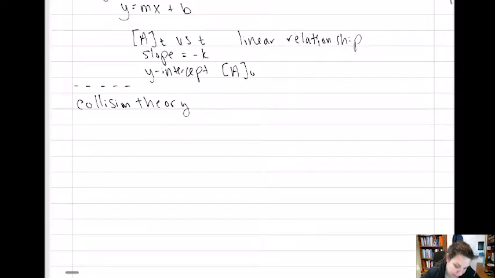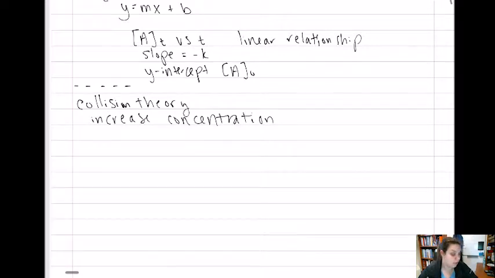So when we increase concentration, what happens? As you increase concentration, you're going to increase your collisions because you have a greater number of molecules.